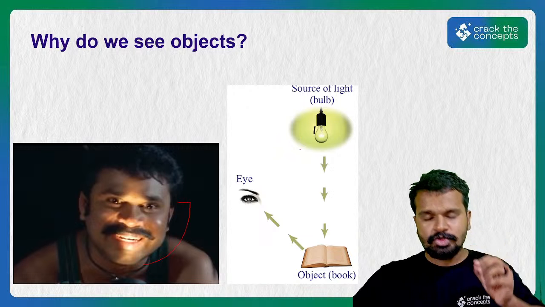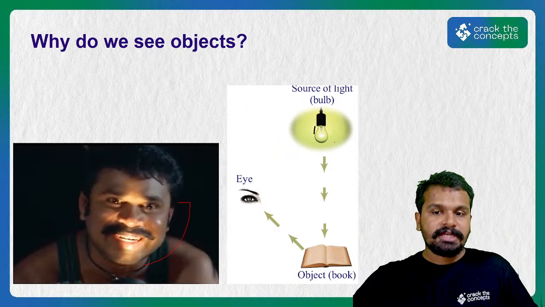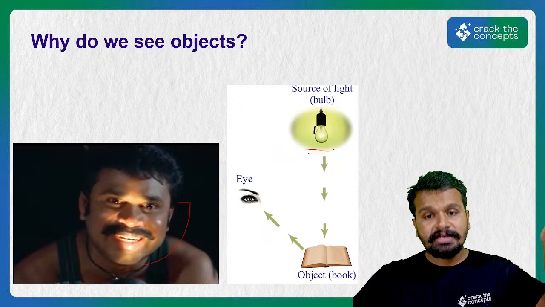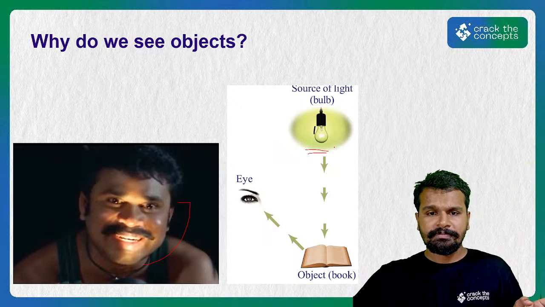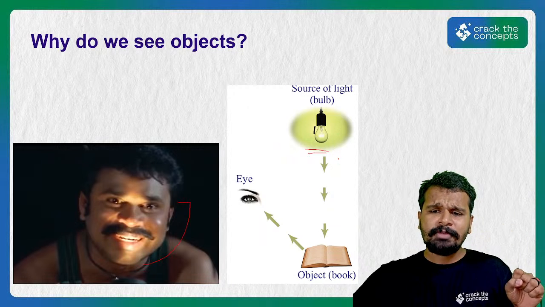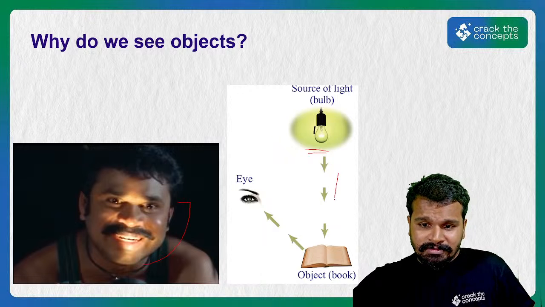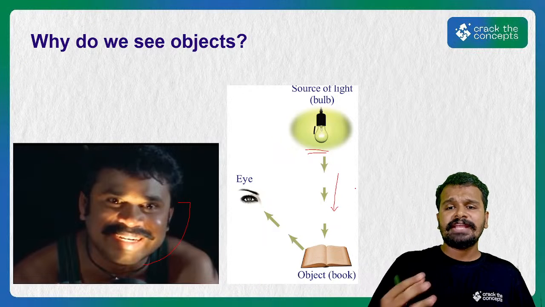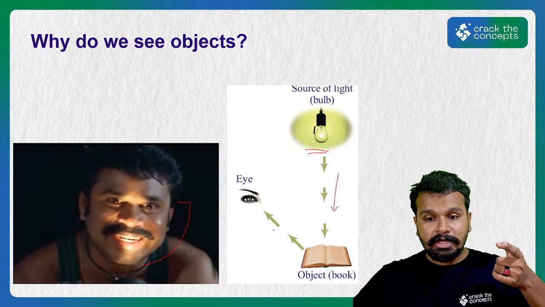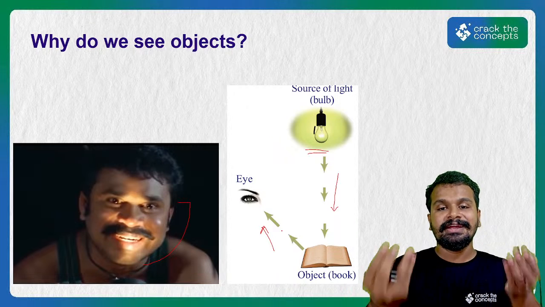The light from a source, which can be the sun, a bulb, anything, comes and gets incident on that particular object. Then from that object, the light rays come and hit our eyes.